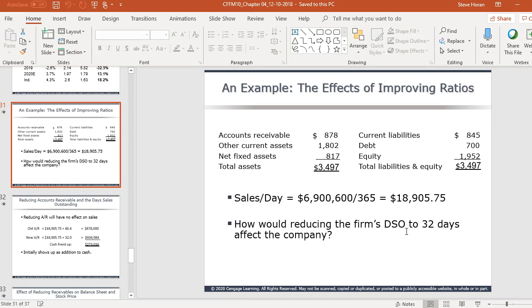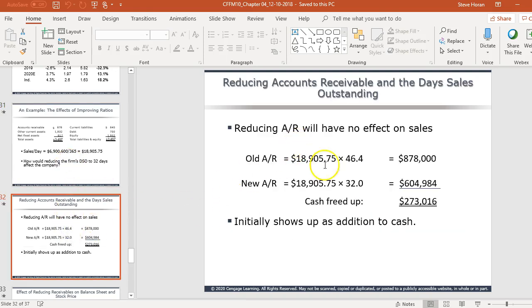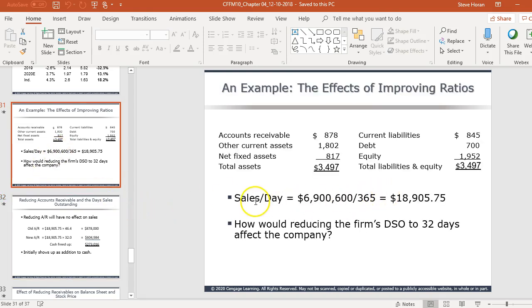Get the collections done within 32 days, as opposed to 44. You kind of think through what would happen if we did that. So under the old system, we were actually collecting at 46.4 days. And I should go back to mention the sales per day is the sales per year divided by days in the year.